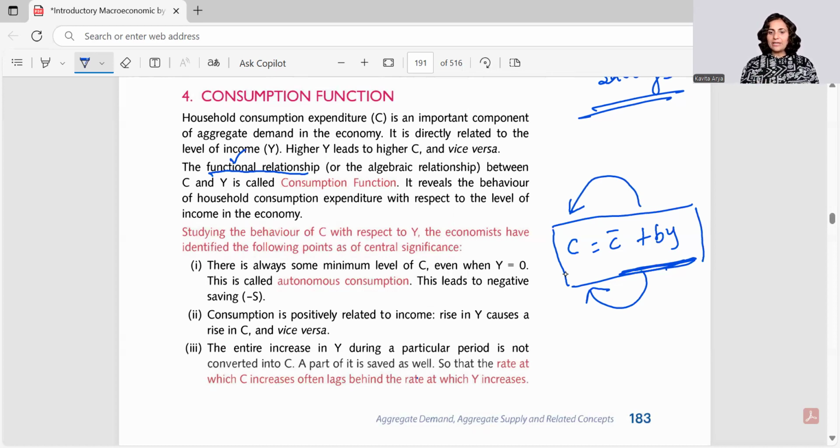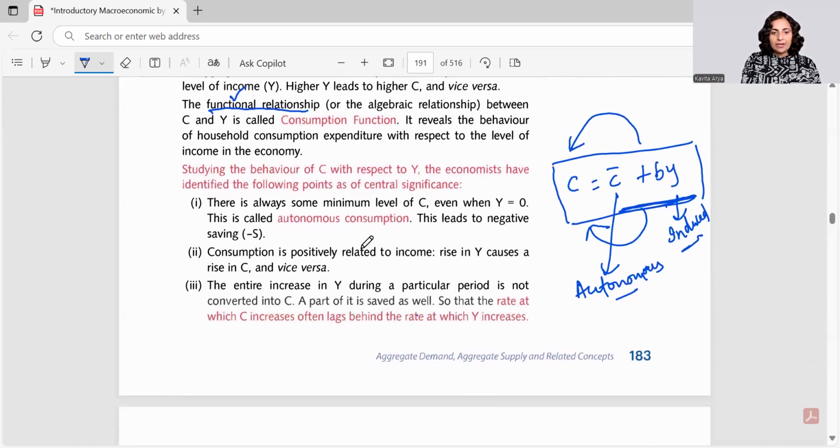And later on, I'll tell you that it has two components: the first is autonomous and the other is induced. We will be discussing the autonomous component and induced component. So let us see what we mean by the term C, the consumption.